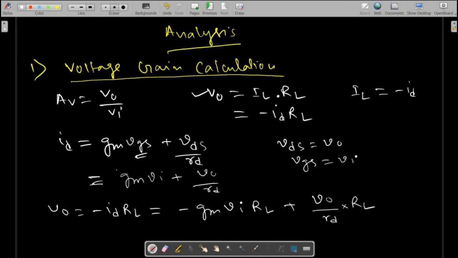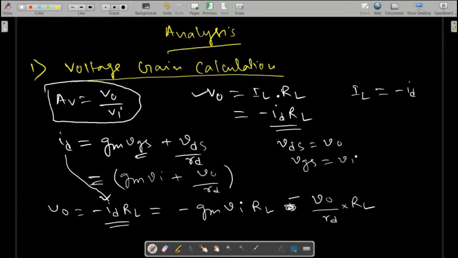So just multiply RL and put one minus because it is minus ID into RL. I'm putting the value of ID here. So our target is to calculate this. Just take some common and do it.